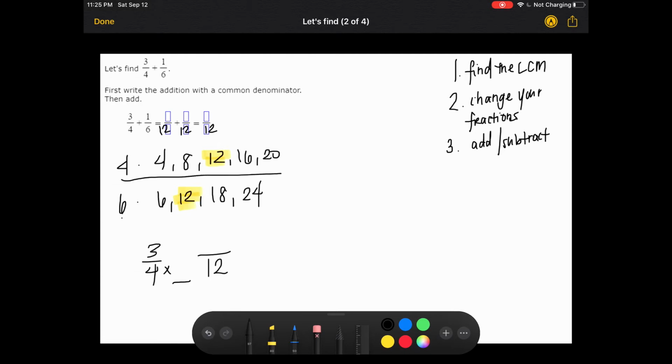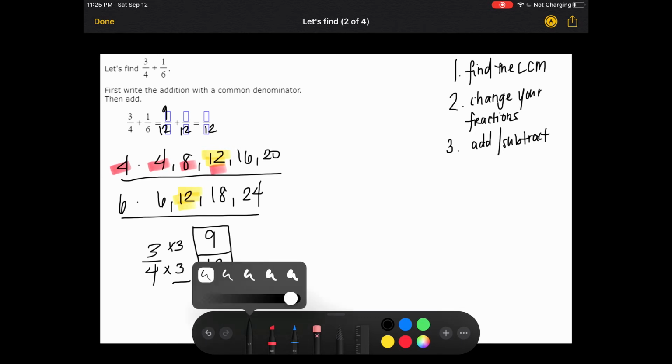Now, if you're not so great with your multiplication tables, but you already wrote out your list of the least common multiples, you can just go and say, well, 4 times what? Well, I already have my list of 4s, right? So I can say 1, 2, 3 gets me to 12, right? So 4 times 3 is 12. And then I'm going to say, well, 3 times 3 is 9. And that's what's going to be my new fraction for this one over here. Okay? So I have 9 as my numerator over there.